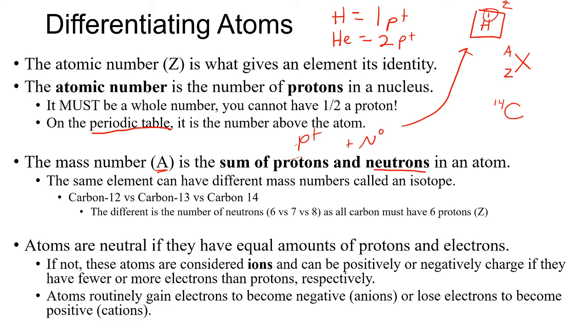So it's mass number over atomic number. So if you think about how this would work here, it would be 14C, and then sometimes people will put a 6 here. Now, you don't have to put that Z value there. You don't have to put that atomic number there, because it's known, it's understood, that if I were to give you an element like oxygen, for example, no matter what oxygen I have, I know this bottom number is going to be 8, because it's the number of protons.